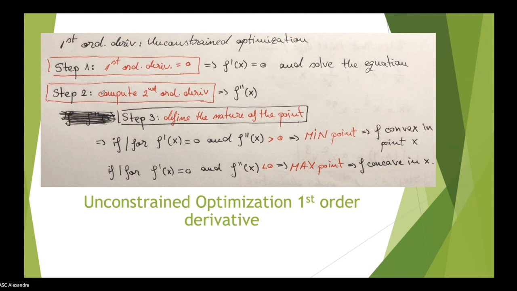And usually it may ask you what type of point is x equals to 2, for example. So in that case, you will solve everything, do the second order derivative, replace x with 2, or if the second order derivative doesn't need to have a 2 and is already a constant, you look at its sign, and if it's bigger than 0, then it's a minimum point. If it's smaller than 0, then it's a maximum point. But always, always, always, first order derivative equals to 0.